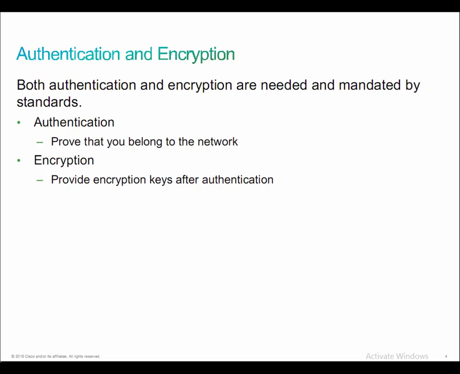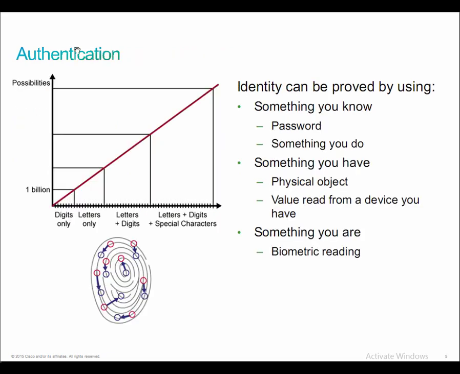So let's take a look at authentication more specifically. There are multiple ways of authenticating in a network. There is this concept of multi-factor authentication, where we can identify multiple facets of a user: something you know, something you are, something you have, and so on.